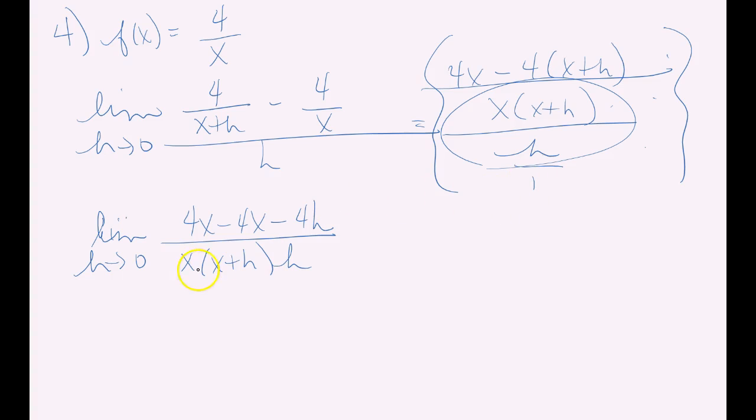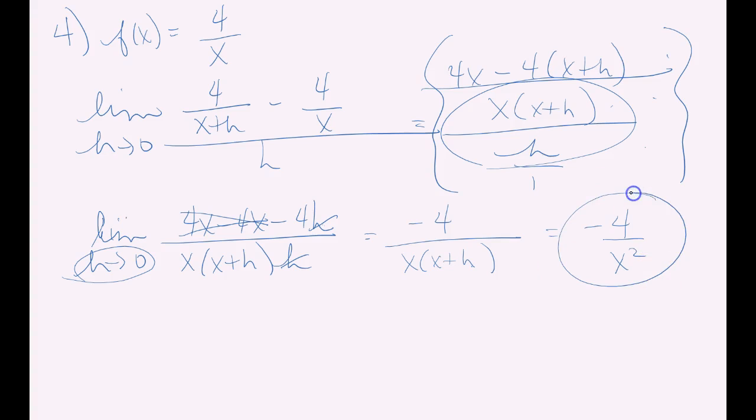But I'm just going to shortcut it. And that's because these cancel, and I'm left with a negative 4h. But I can cancel these h's now. So I've got negative 4 over x times x plus h. I'm doing h approaching 0, so this is really negative 4 over x squared. And that would be my answer for this one.